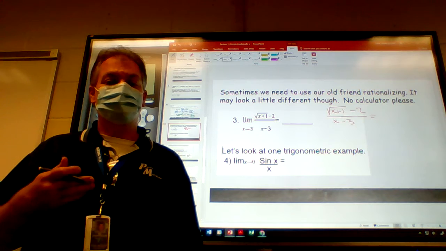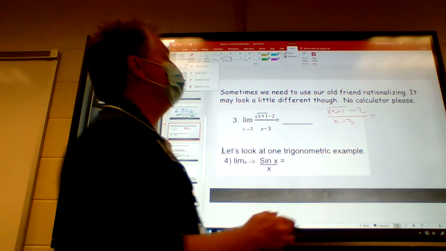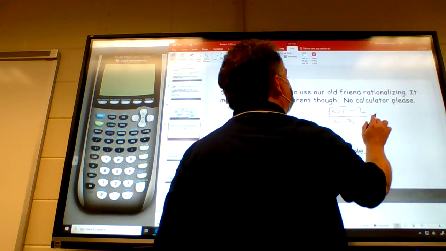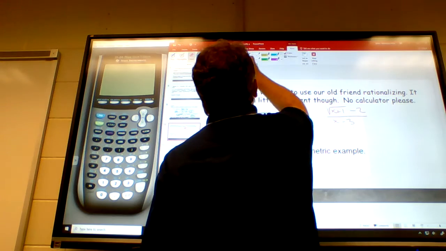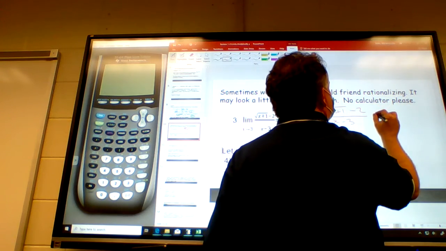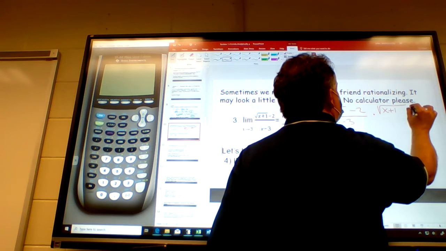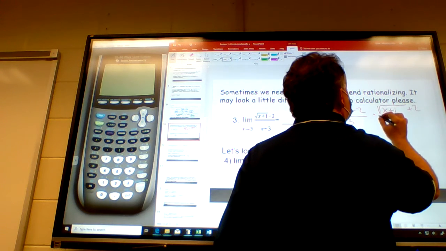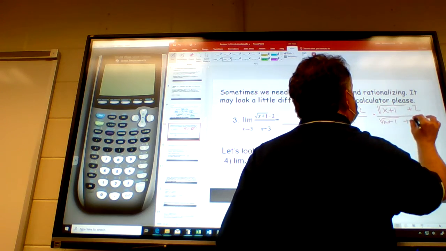Can you all remember the word conjugate? All right, you've got to take the conjugate. And in this case, we multiply by the square root of x plus 1 plus 2, all over the square root of x plus 1 plus 2.